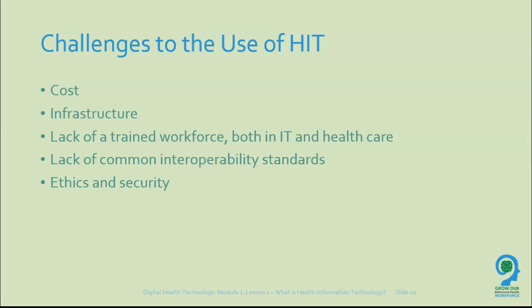It might be the same, but things might be in a different order. So without those standards, it's difficult for organizations to use standard nomenclatures in the way that the technology actually operates. It's hard for them to communicate with each other. That is improving, but it still remains a challenge.